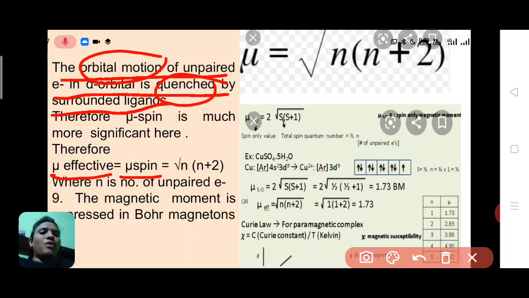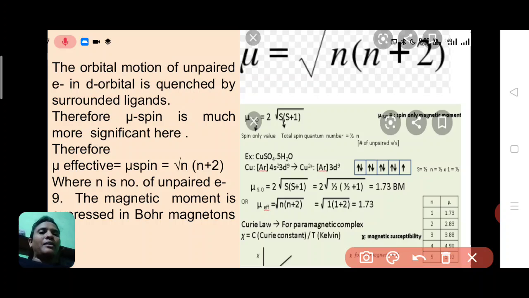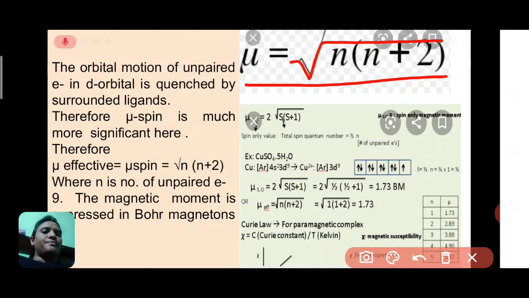So the formula for total magnetic moment, that is mu effective, is given by the square root of n times (n plus 2). See the formula: mu effective, meaning effective magnetic moment, is given by the square root of n(n plus 2).